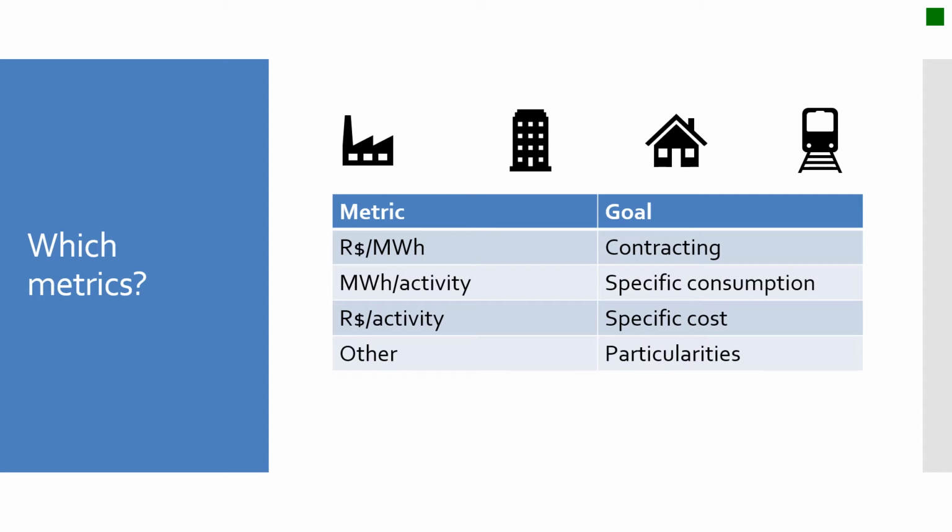I call it specific power consumption. The third metric is about the cost per physical activity. I call it specific cost. And of course, depending on the specific case, we will face particularities which might be addressed with very specific metrics.